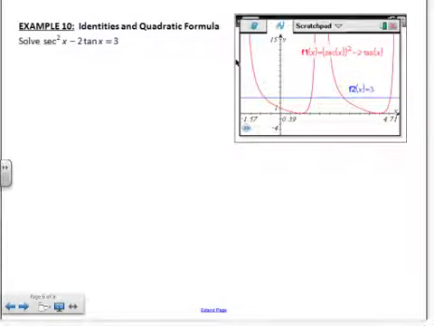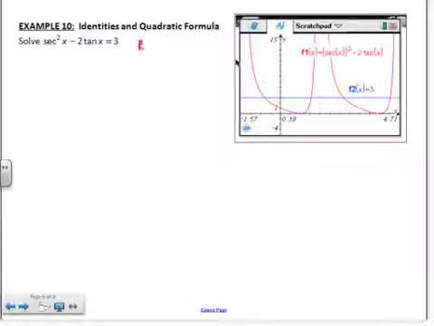Okay, so here's our next example. We're going to solve secant squared of x minus 2 tangent of x equals 3. Two functions. We can't separate them by just factoring something out, so we have to actually use our trig identities.